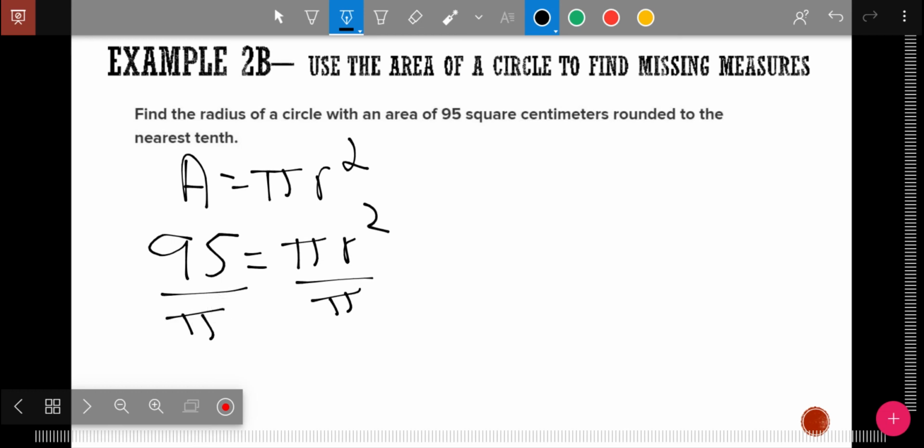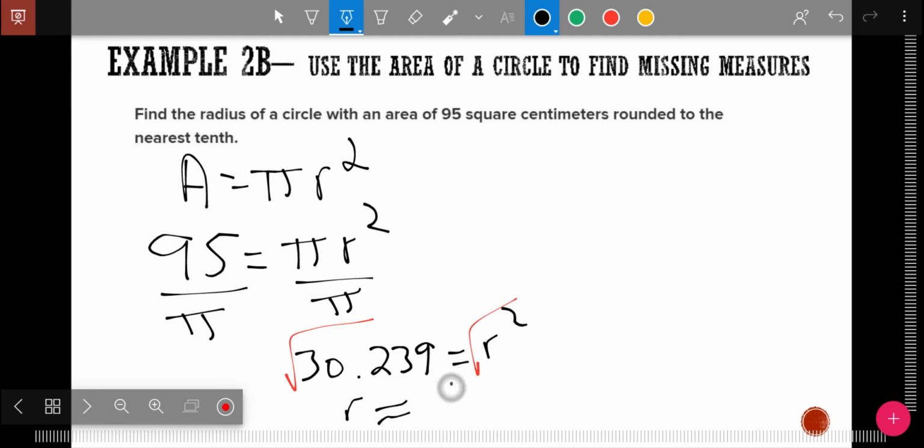I got 30.239 is r squared. And so then I square rooted. And so I said the radius was about, and it said round to the nearest tenth, so I got 5.49. And so I'm just going to say that's 5.5.